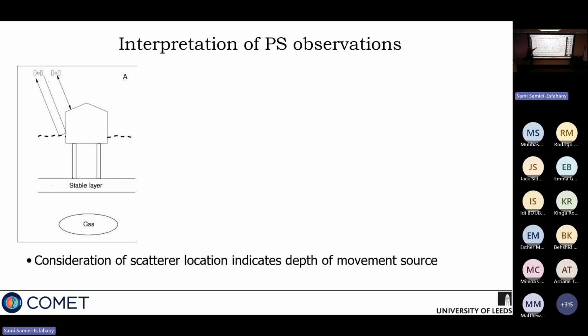So in the first case, when the ground is moving, this PS, which is bouncing off the ground, would change and show deformation. But this one wouldn't, because it's bonded and stable there. So the top one is not moving. Whereas it's sort of the opposite of this situation, right?